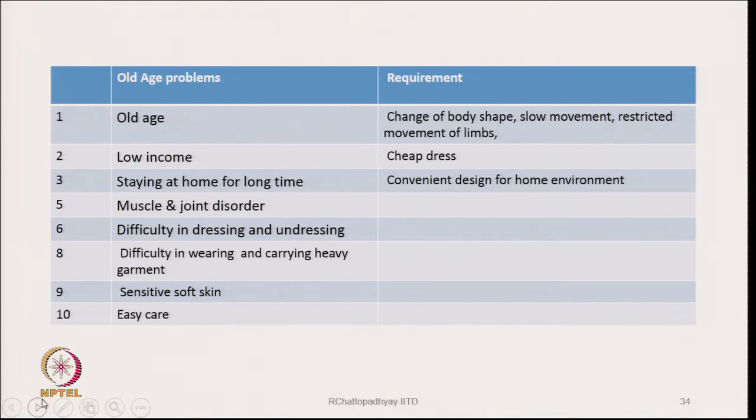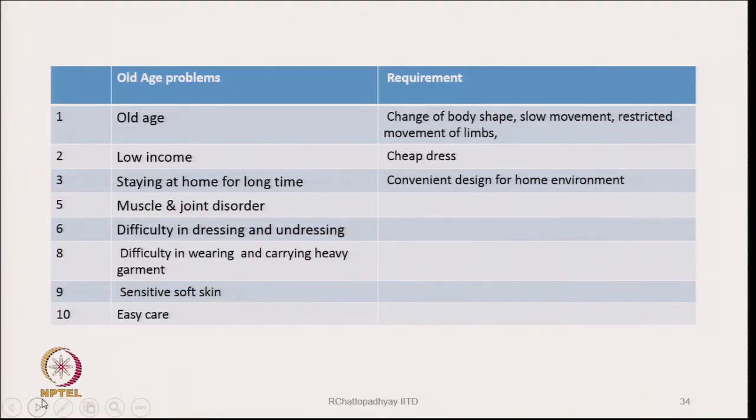So, the design has to be convenient for home environment. So, very casual type of garments which are not very tight, not very restrictive. So, you have to keep in mind what is the type of environment that could be within the home.